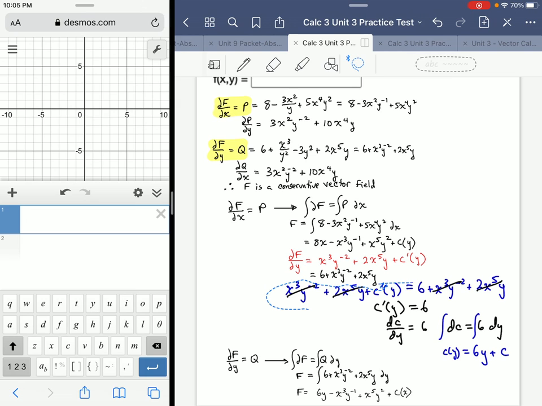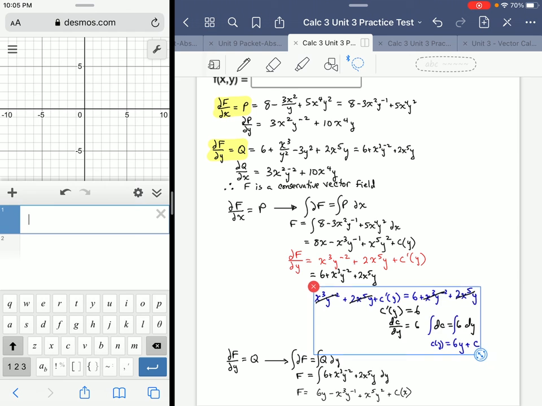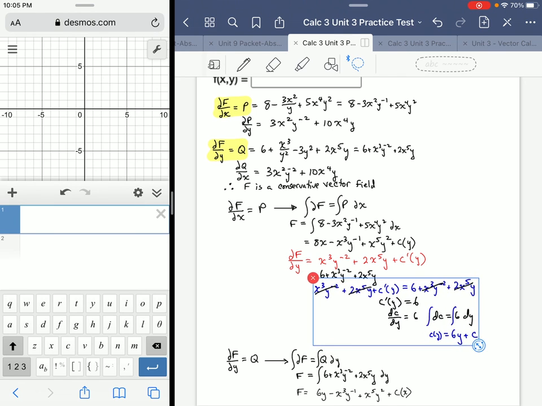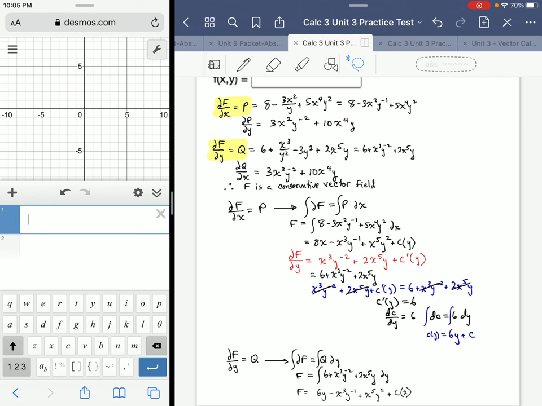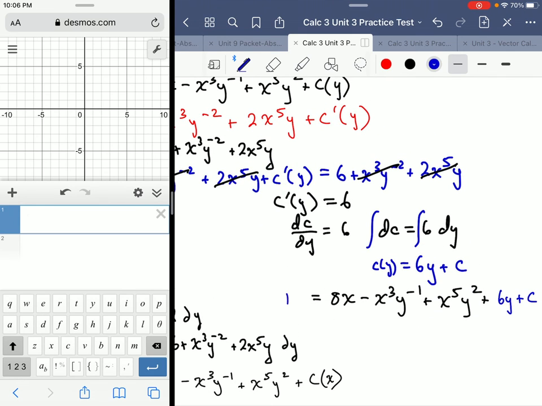Alright, so let me just clean this up. We're resizing again. Lots of resizing. And so our solution here would be f is equal to all of this, but instead of the c of y, it would be plus 6y plus c.